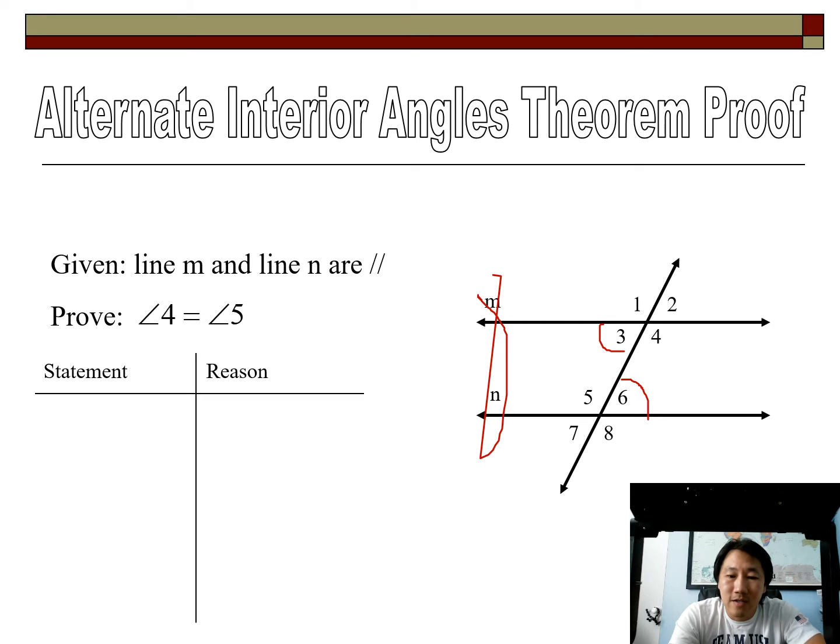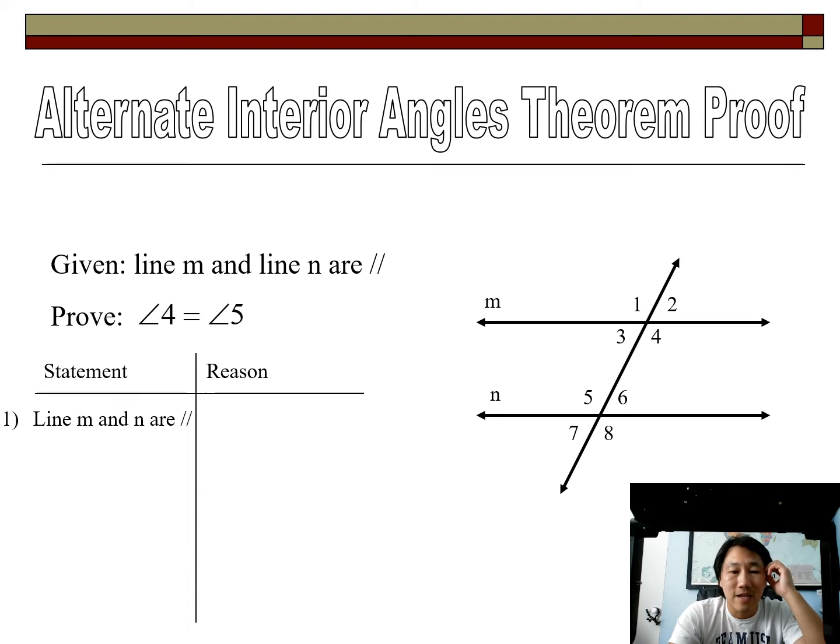To prove it, we cannot use alternate interior angles. We can use everything else. So here's how we start off. We always start off with a given. Line M and N are parallel. As soon as we know that M and N are parallel, because that's what is given, then you can use all the other properties except alternate interior angles.